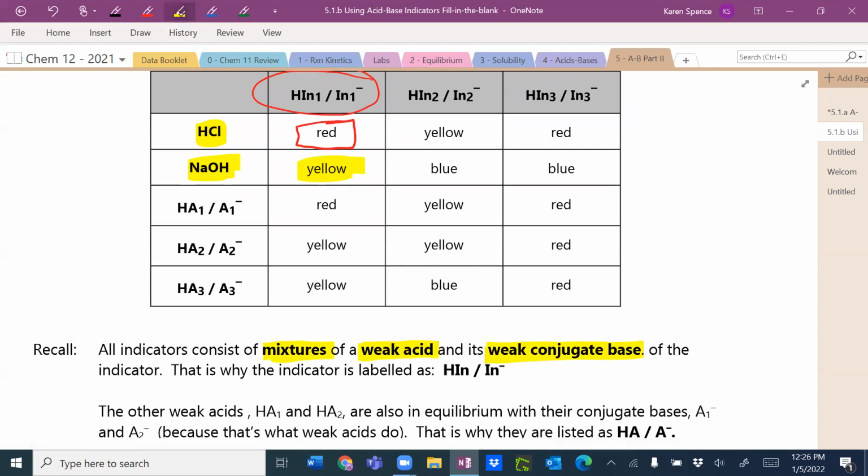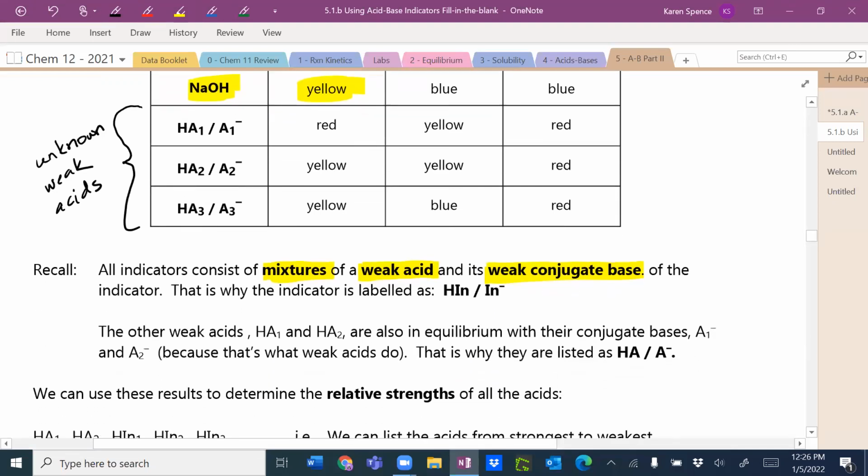You'll also notice that all of these are our unknown weak acids, and they are also written as HA1 slash conjugate base, A1 minus. And that's because, guess what? They are also weak acids.